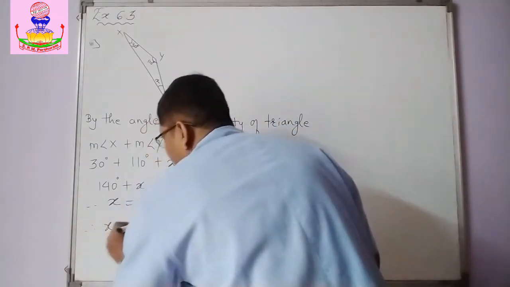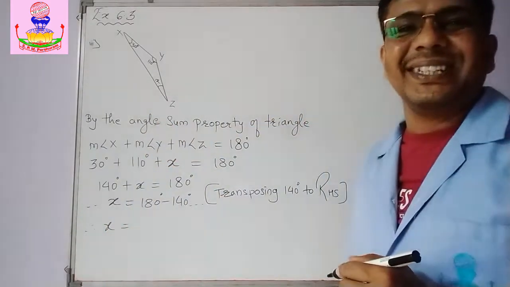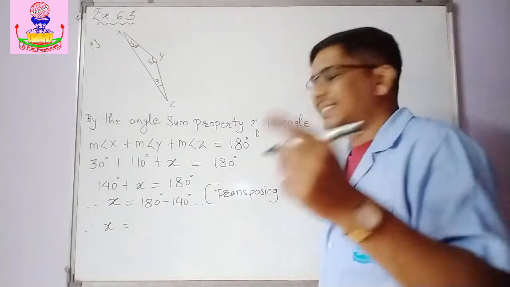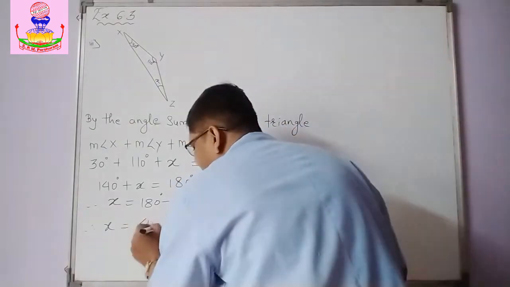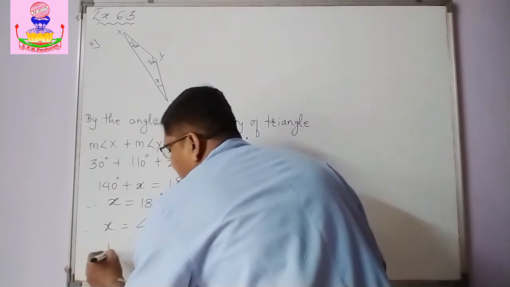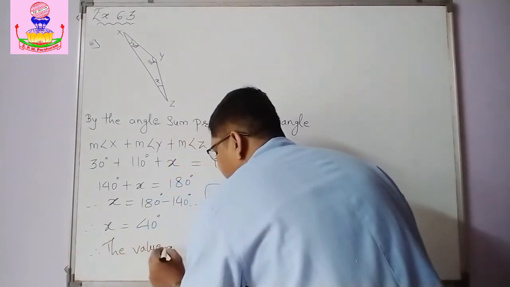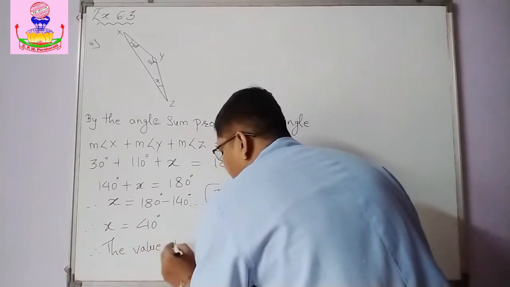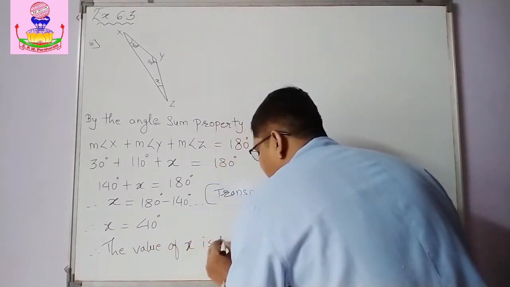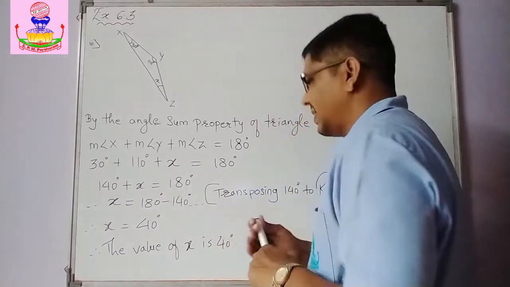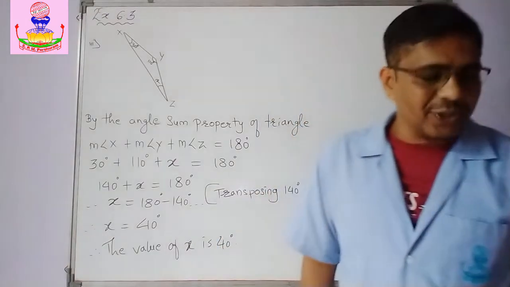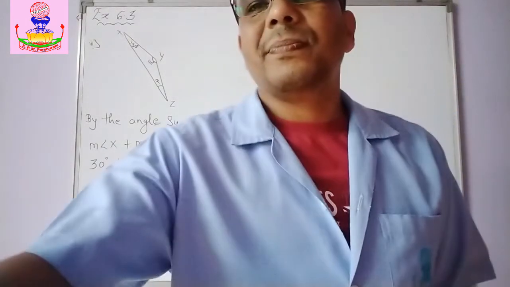So therefore x is equal to 180 minus 140. Exactly 40 degrees. So the final statement: therefore, the value of x is 40 degrees. Okay. So let's move to the next example.